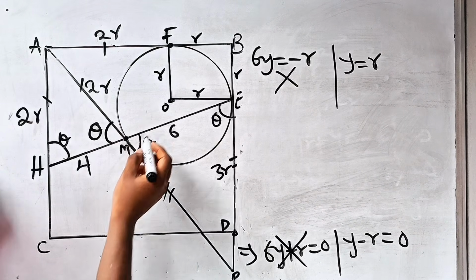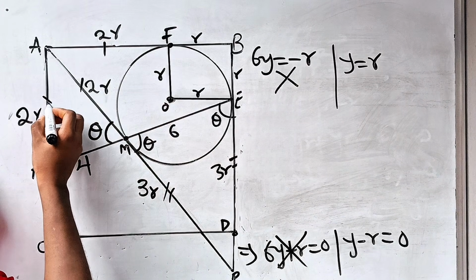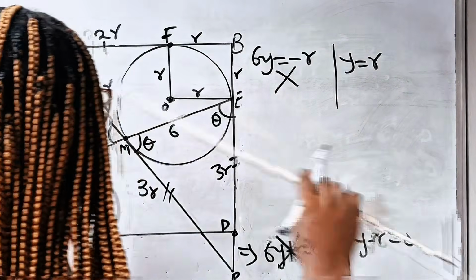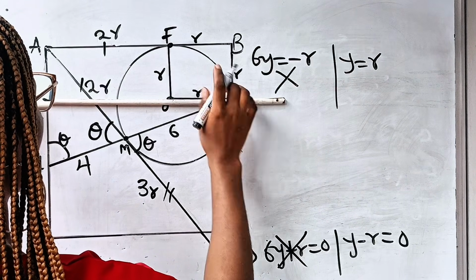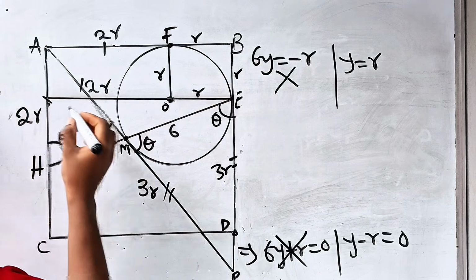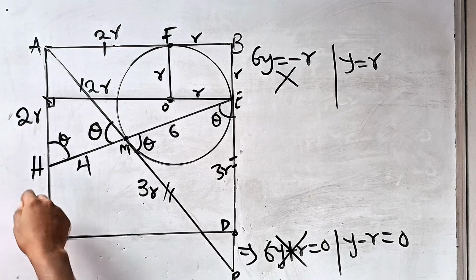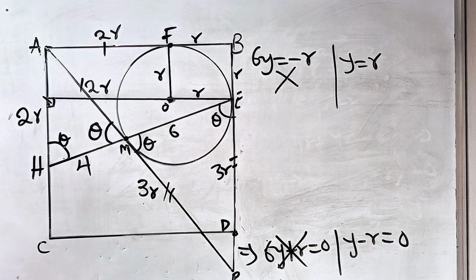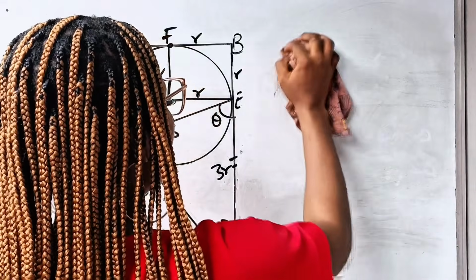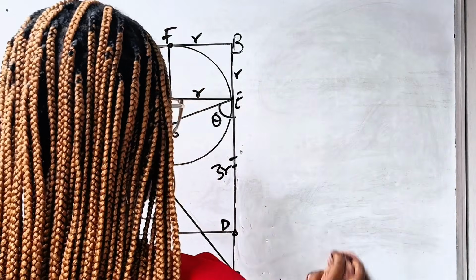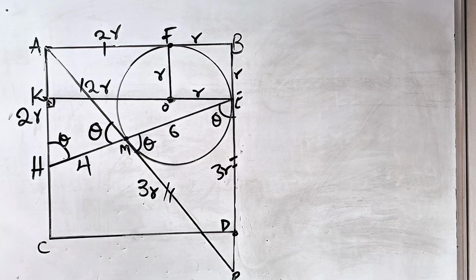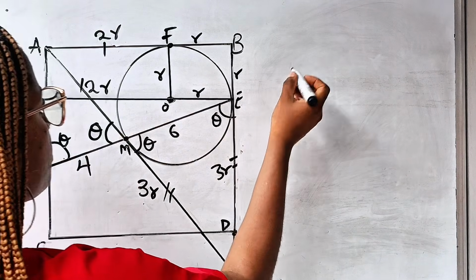All right, now let me join center O to this point, perpendicular line. So we have angle 90 degrees. Now let's call their point of contact K. So we are going to have another triangle, KHE.